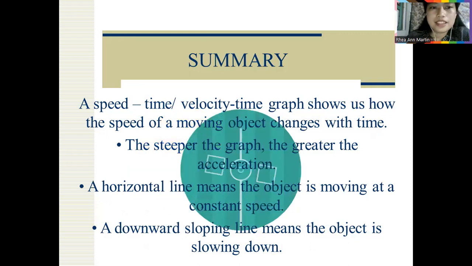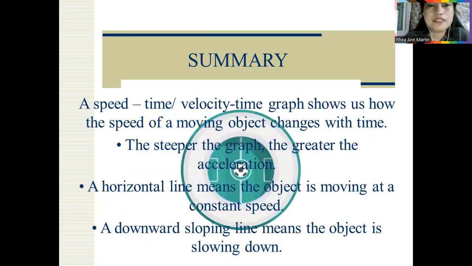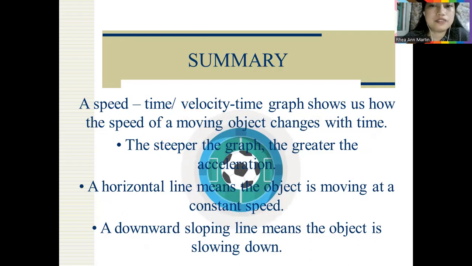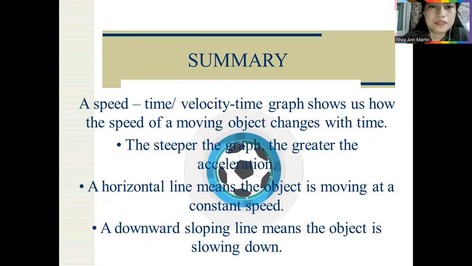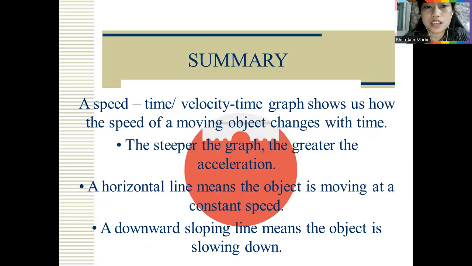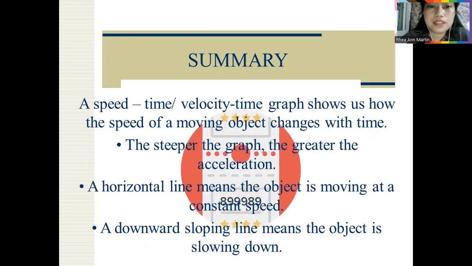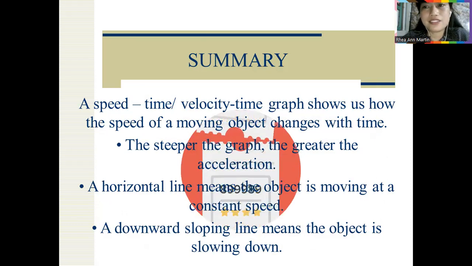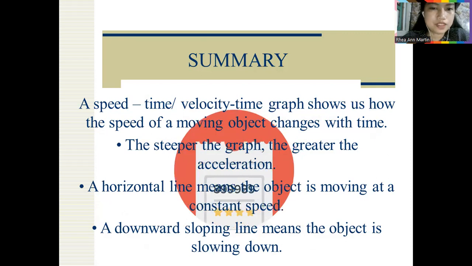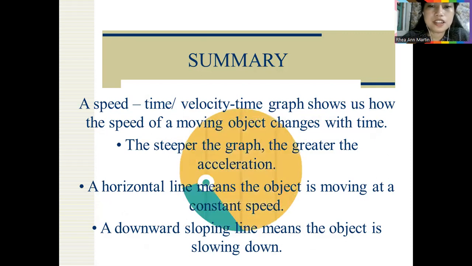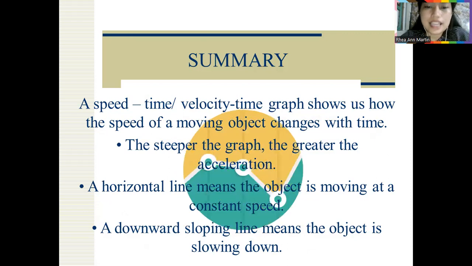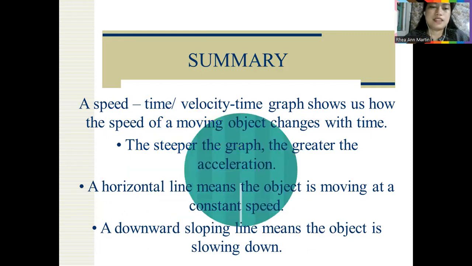So, summary for the speed, time, velocity, time graph. Speed, time, velocity, time graph shows us how the speed of an object changes over time. The steeper the graph, the greater acceleration. A horizontal line means the object is moving at a constant speed.